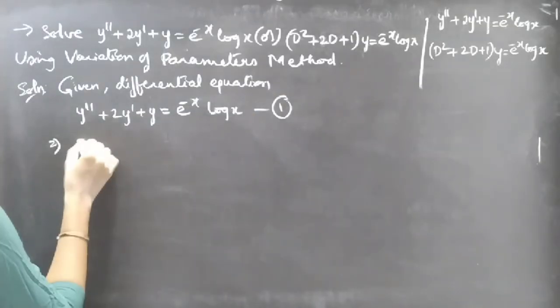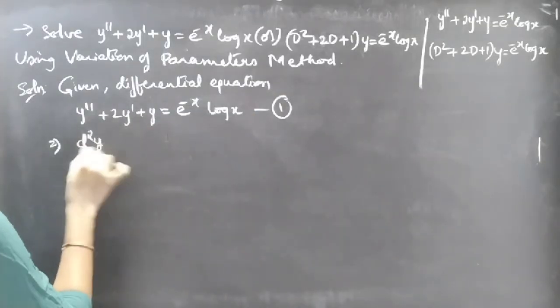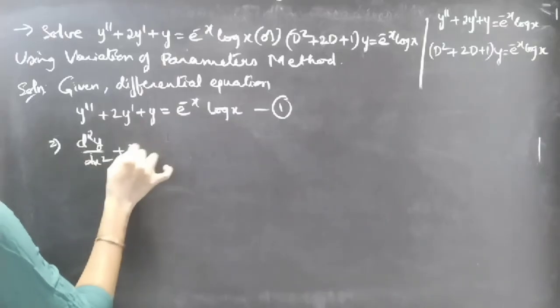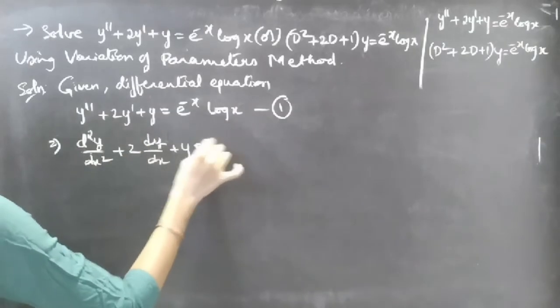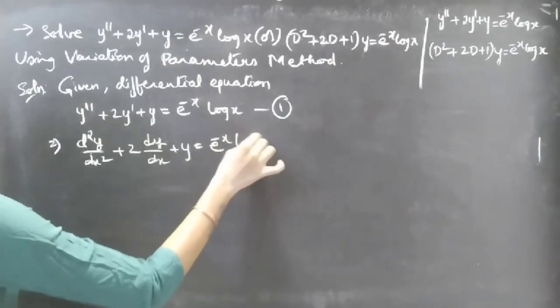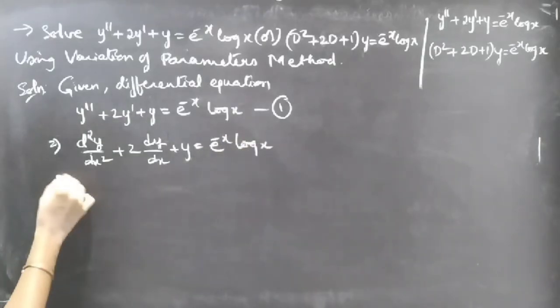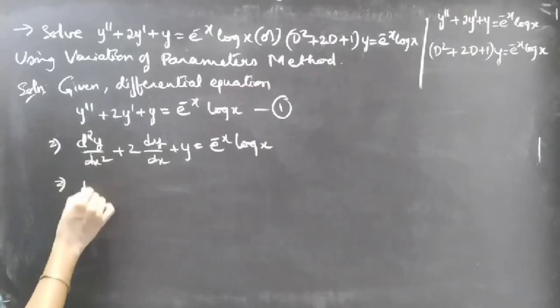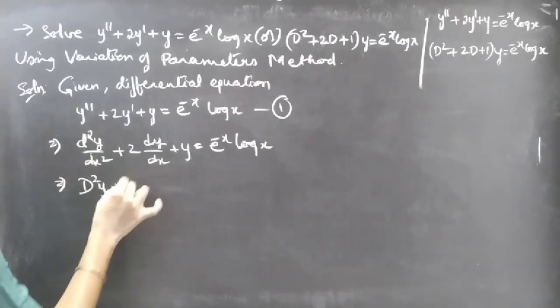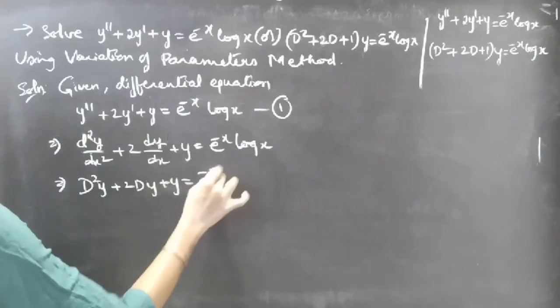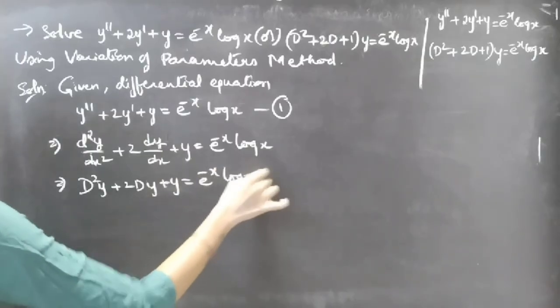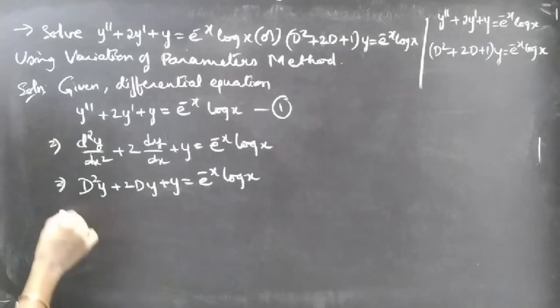We can write y double dash as d square y by dx square, plus 2 into dy by dx plus y equal to e power minus x log x, right? We can write d square y by dx square as D square y plus 2 into Dy plus y equal to e power minus x log x. Let's now take y common from all the three terms of LHS.